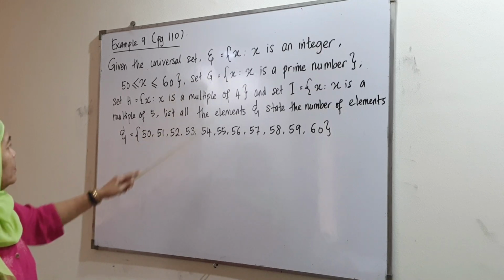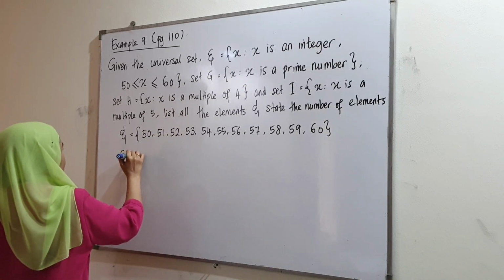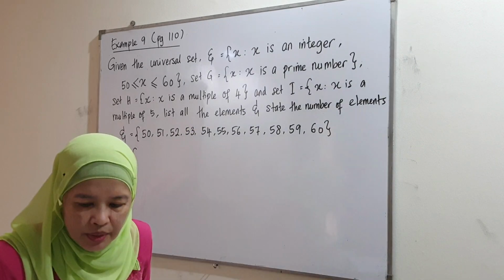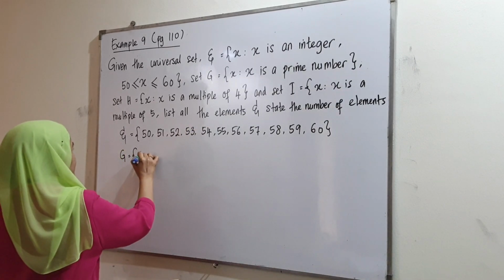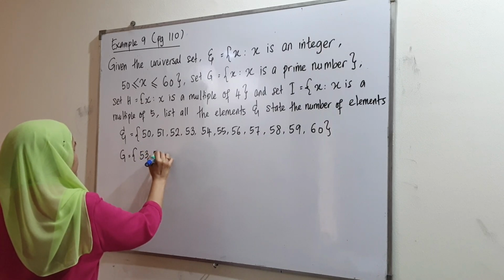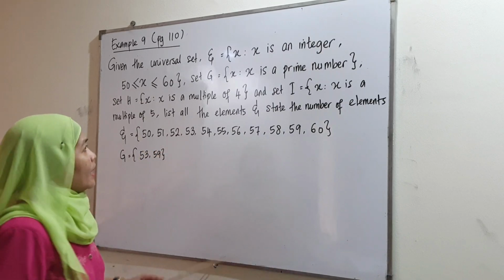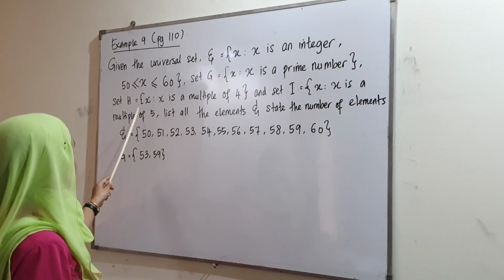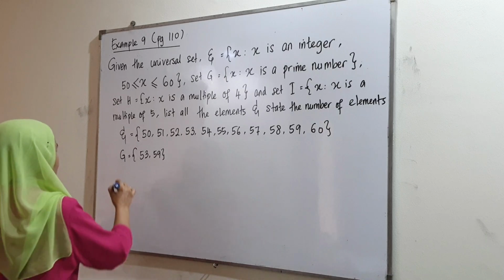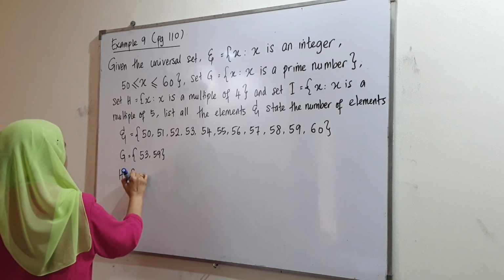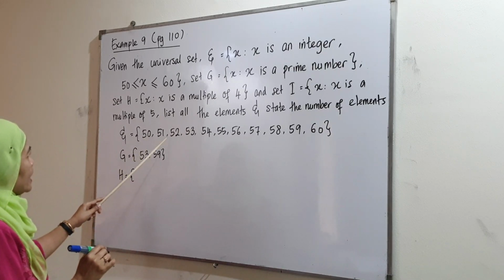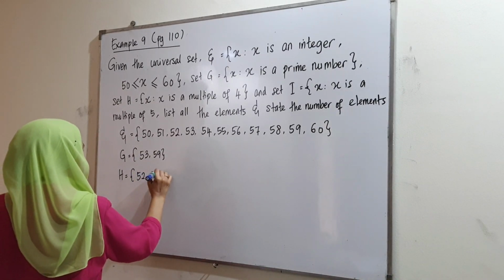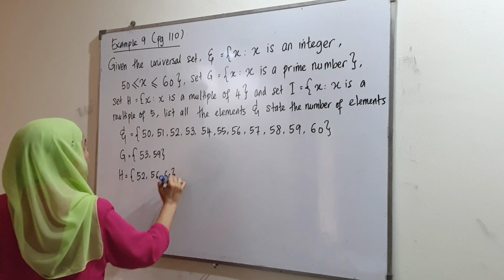Now we list G. G is a prime number, so the prime numbers are 53 and 59. H is a multiple of 4, so H equals 52, 56, 60.